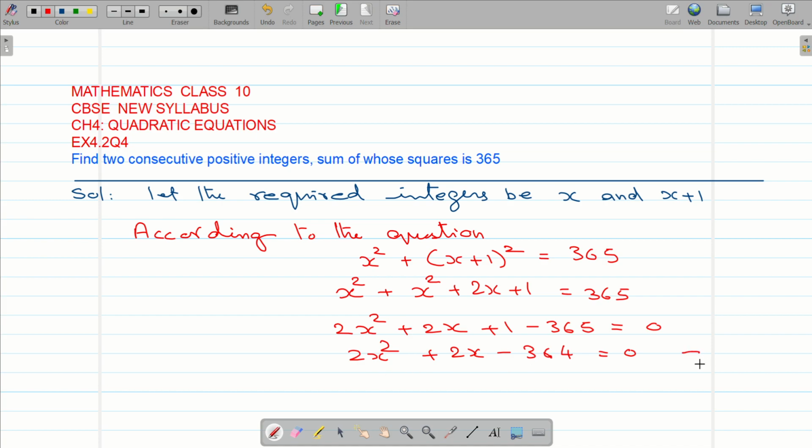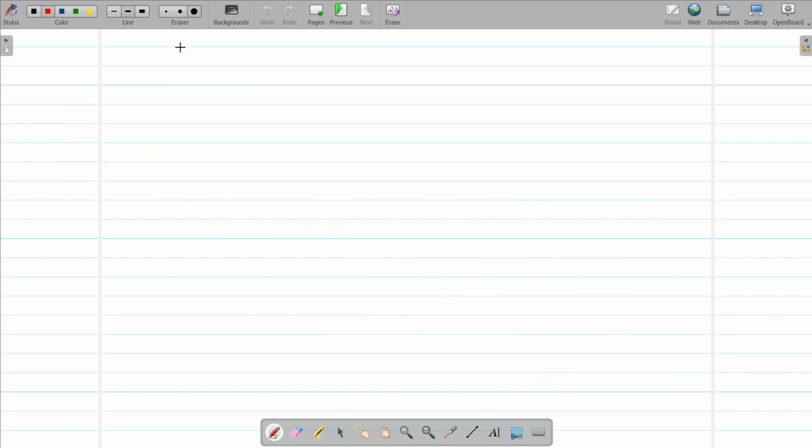Dividing throughout by 2, we get x squared plus x minus 182 is equal to 0. The equation is x squared plus x minus 182 is equal to 0.